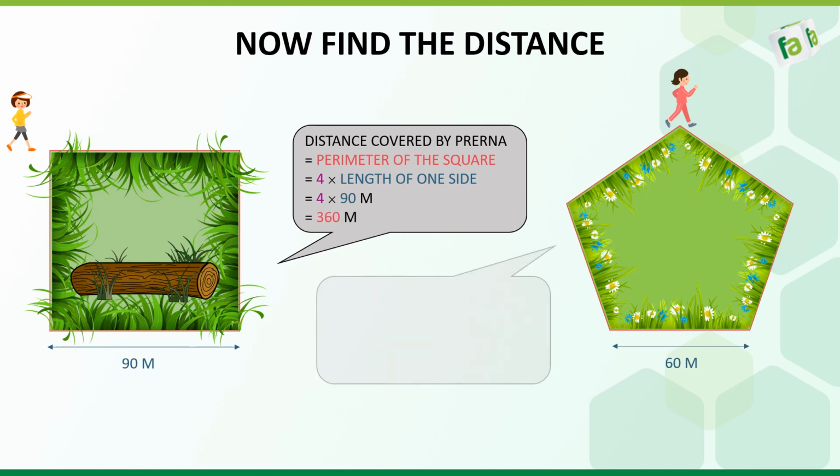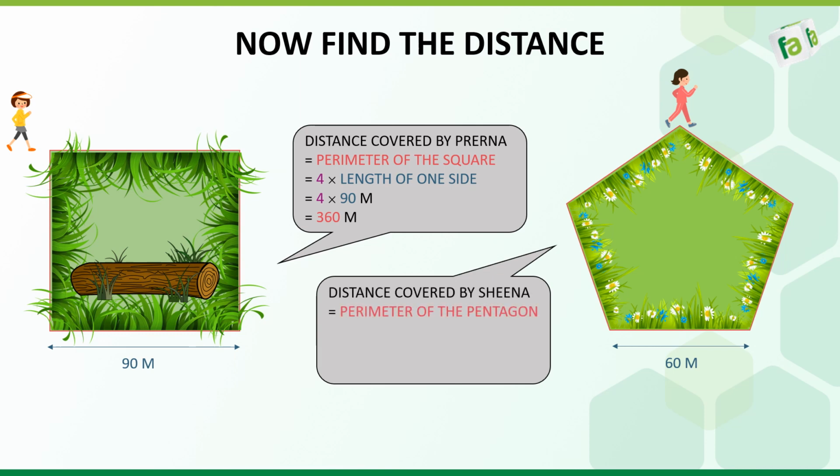And the distance covered by Sheena is equal to perimeter of the pentagon, which is equal to 5 multiplied by length of one side, which is equal to 5 multiplied by 60 meters, which is equal to 300 meters.